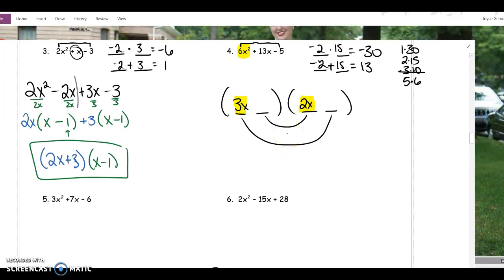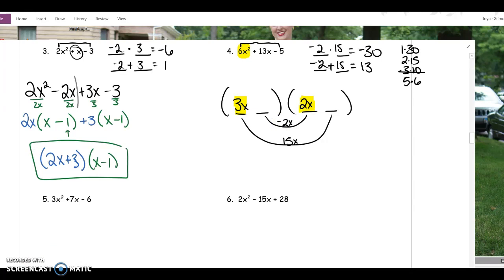Now think about it. 2 and 15, can we do 2 times something to give us 15? No, so I'm going to put the 15 with the 3. I'm going to put 15x on the mouth of this little face-looking thing. And I'm going to put negative 2x on the nose of this face-looking thing.